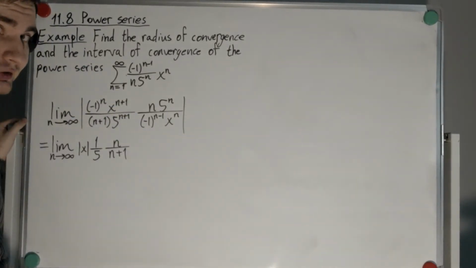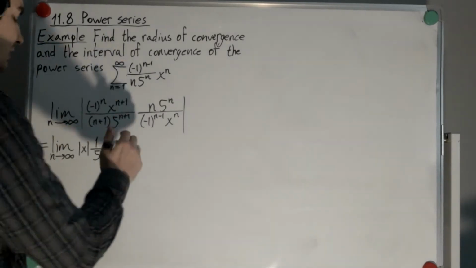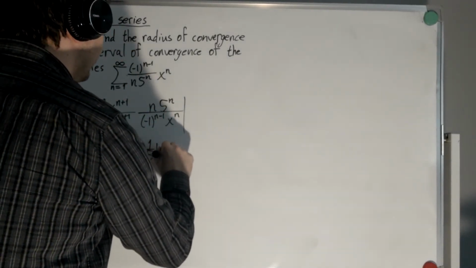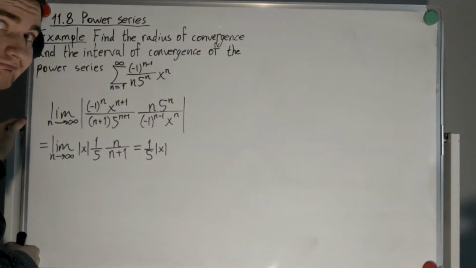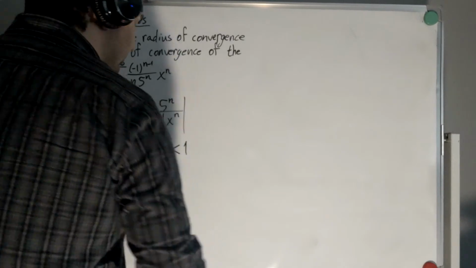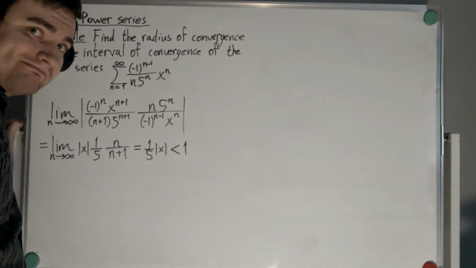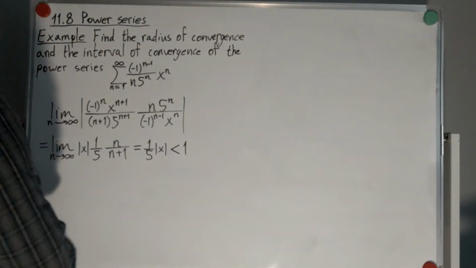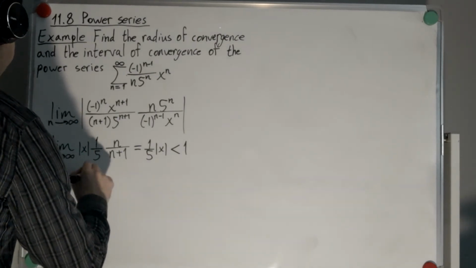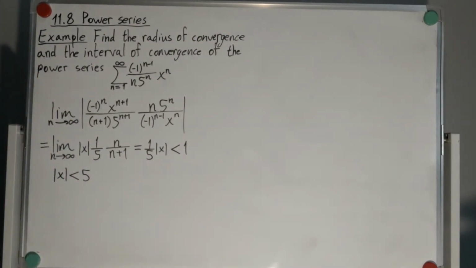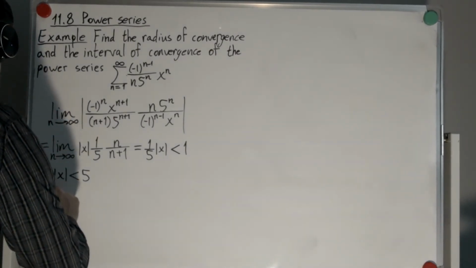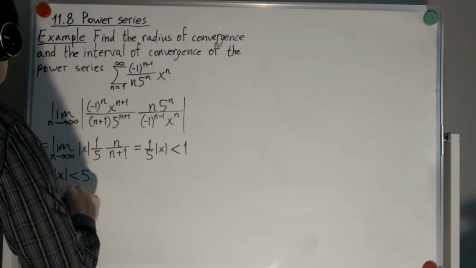Now as n approaches infinity, this approaches 1, and so this becomes 1/5 absolute value of x. And that has to be less than 1 in order to guarantee absolute convergence. So therefore, we have absolute value of x has to be less than 5 in order for the ratio test to guarantee absolute convergence. So the radius of convergence is 5.